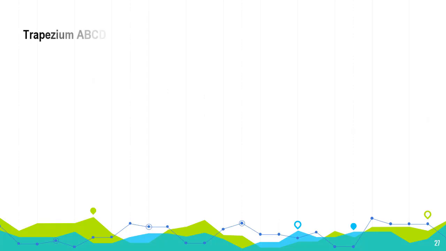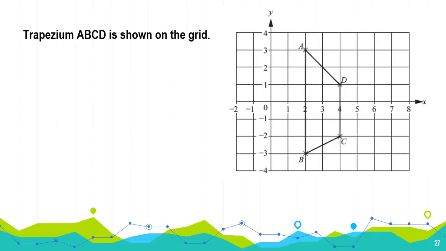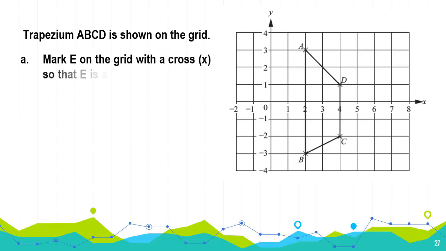Trapezium ABCD is shown on the grid. A. Mark E on the grid with a cross so that E is a point on line AB and angle AED is 90 degrees.